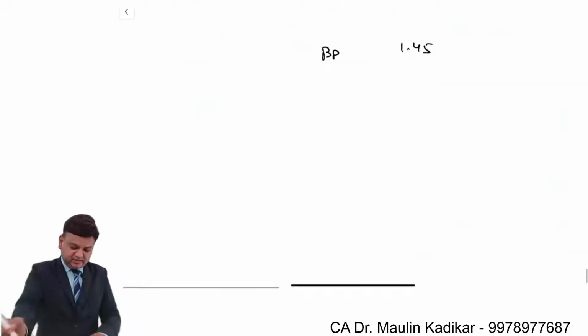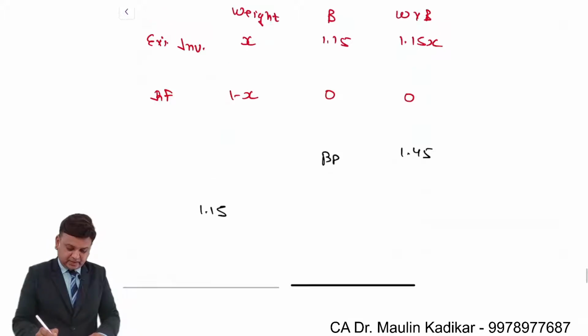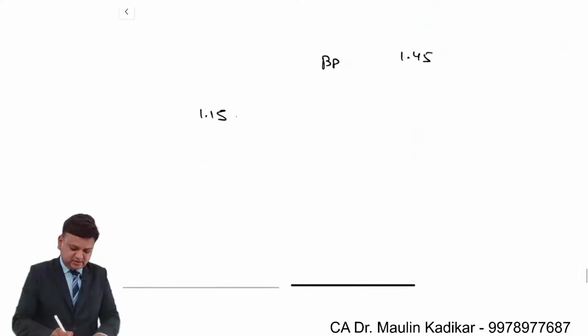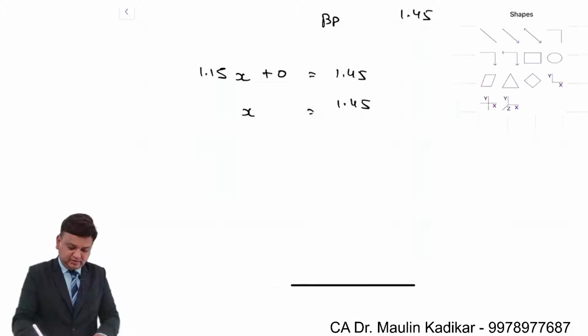So now we understand that 1.15 Wx or x plus 0 is equal to 1.45. So x is equal to 1.45 upon 1.15.